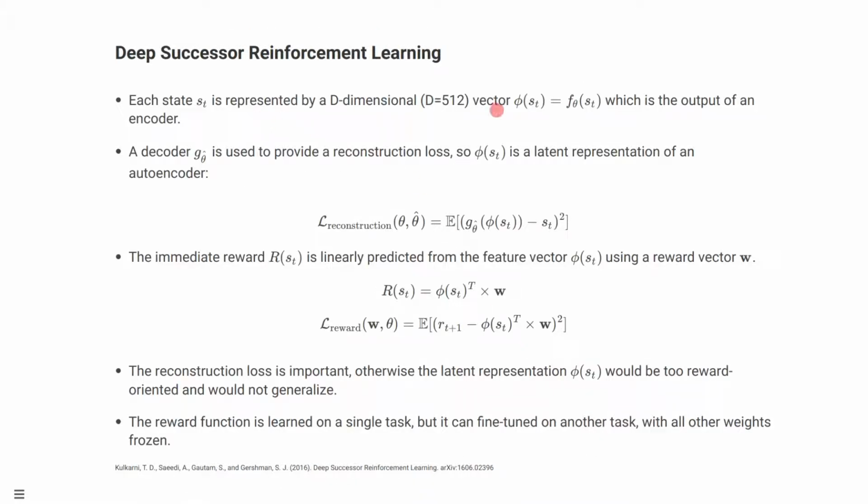So you have your encoder with some weights theta, your decoder with weights theta hat in the paper, and you just minimize the reconstruction loss. For example, the L2 loss between your current state and its reconstruction. So a classical autoencoder, it's not even variational, it's just a pure autoencoder.